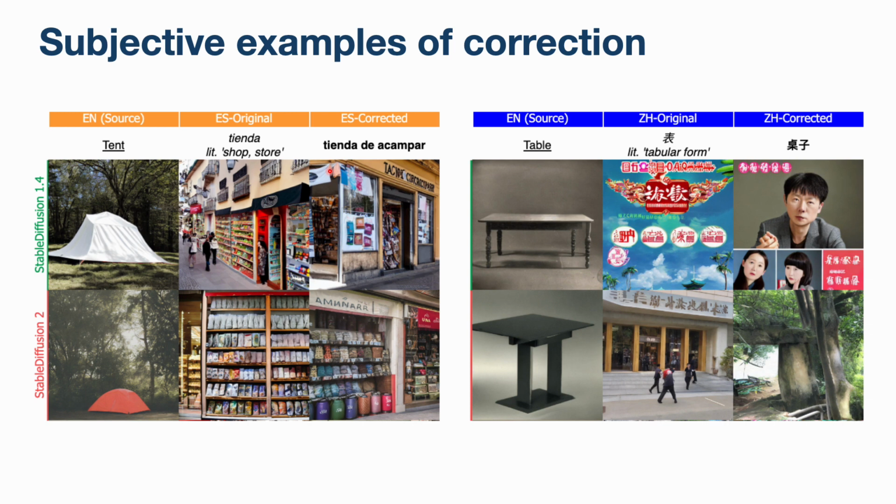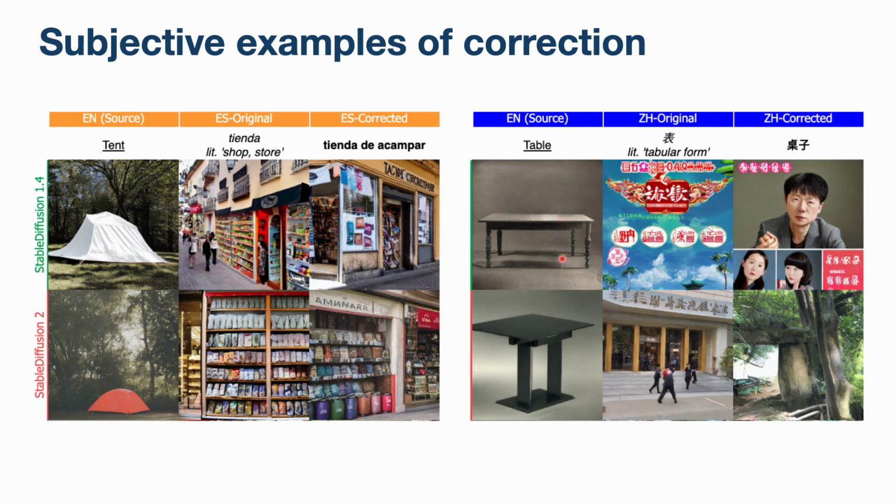This can be corrected to the more specific term tienda de acampar to refer specifically to a tent that you camp in. But we see here that for Stable Diffusion 1.4 and Stable Diffusion 2, making that correction does not actually improve the model's performance. It's generating the same images as before, and these would be scored as non-possession.